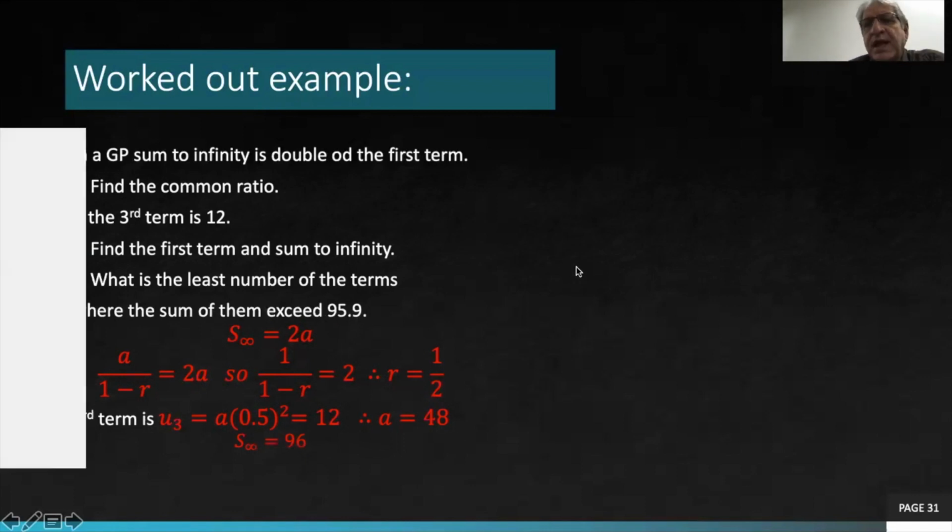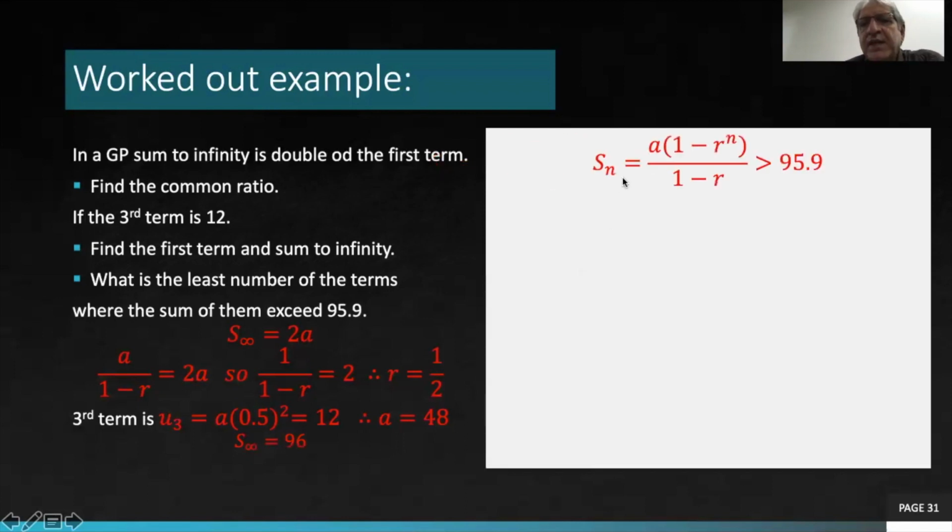Therefore, what is that? You know the formula. S_n is equal to a times 1 minus r to the power of n divided by 1 minus r. This should be more than 95.9. Well, we know a, we know r, the n is unknown. Therefore, what we are going to do is just substitute the numbers here and simplify this. This is half, therefore this is multiplied by this.